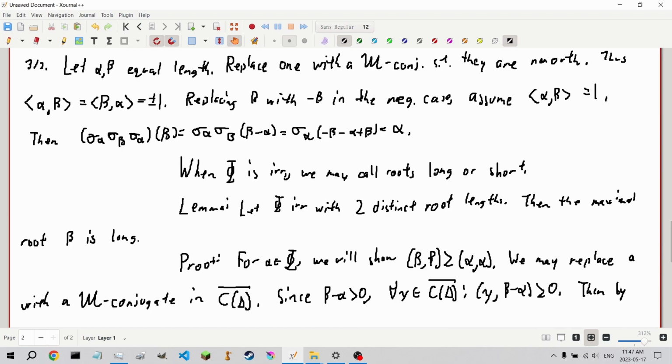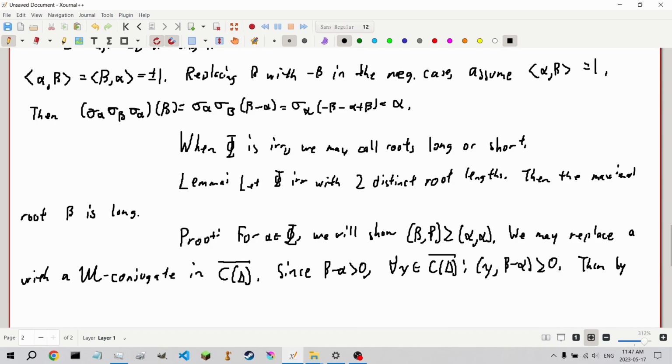Then by the cases where gamma is beta and where gamma is alpha, we have that the form of beta with itself is at least the form of beta with alpha, which is at least the form of alpha with itself.